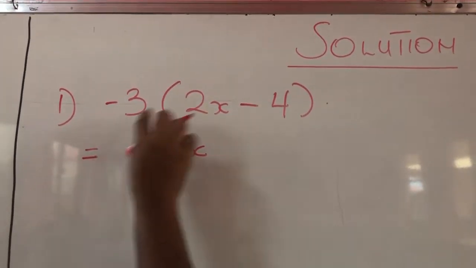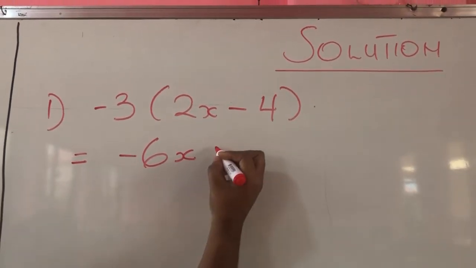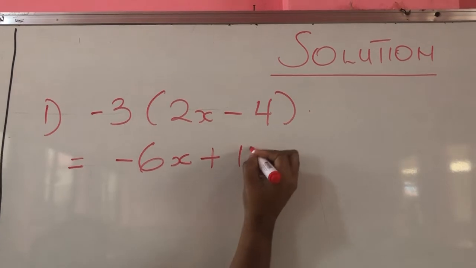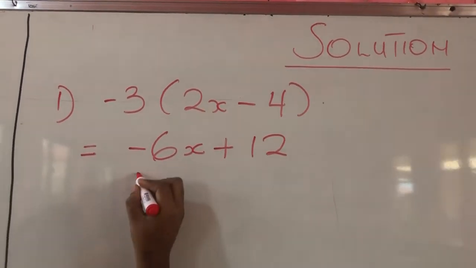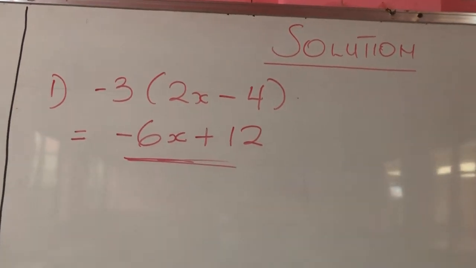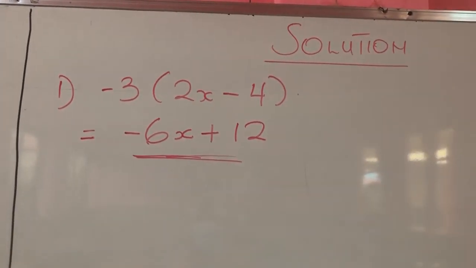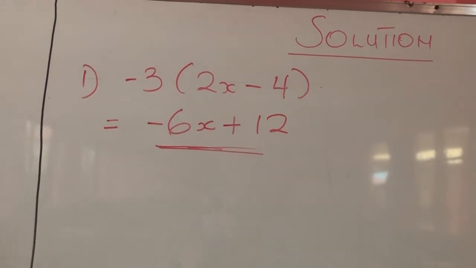So negative 3 times negative 4 will give you what? A positive 12. So this is my final answer. So at the end of the day, you see that my answer doesn't have what? A bracket.